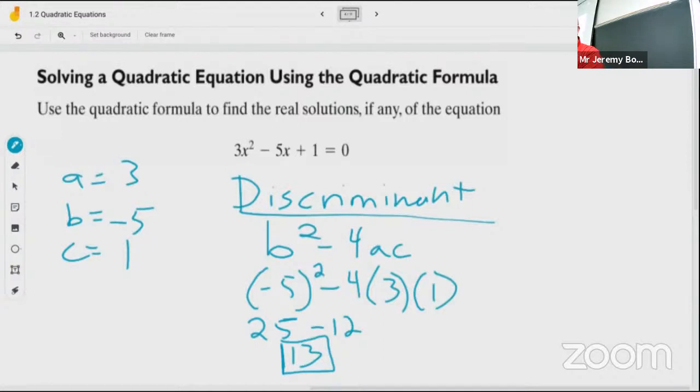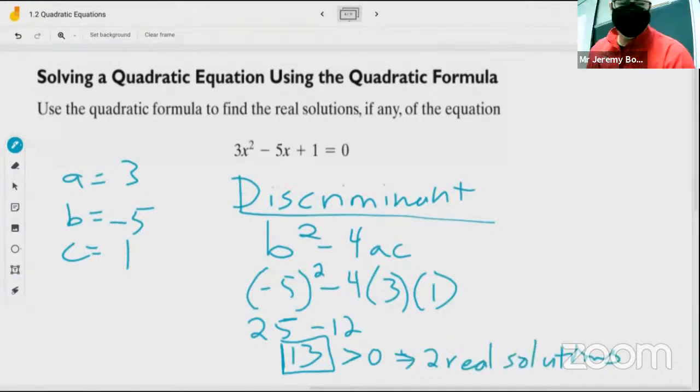So that 13 is greater than 0, which means that we're going to have 2 real solutions for our quadratic equation. But we're going to find those using the quadratic formula. Any questions on the discriminant?